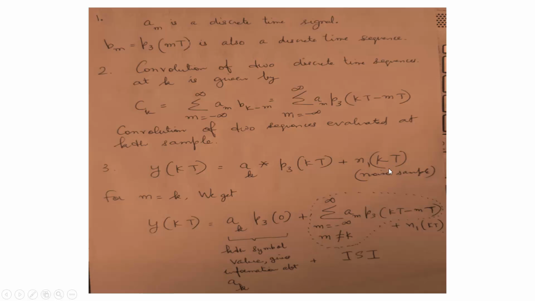So this is the noise sample that will be after the sampling. Now when we put m equal to k, this will be p3 of 0. So we can say that y(kT) equals a_k p3(0).